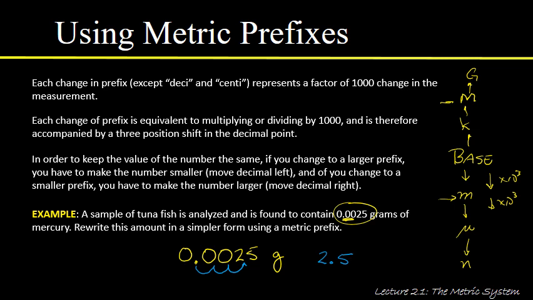And because we changed the number from 0.0025 to 2.5, we made the number bigger. That means we have to make the prefix smaller. And since we went 3 spaces, we have to go down 1 prefix, from our base unit to milli. So that means 2.5 milligrams is our answer.